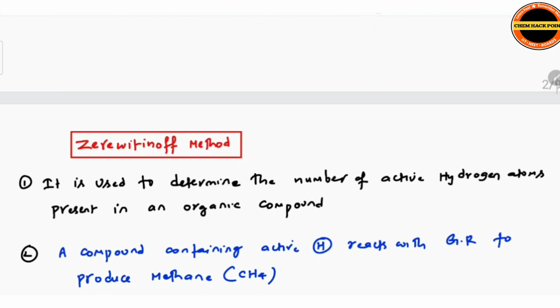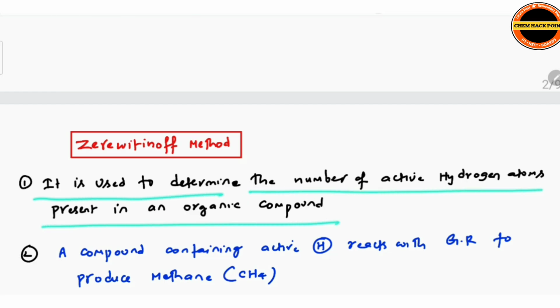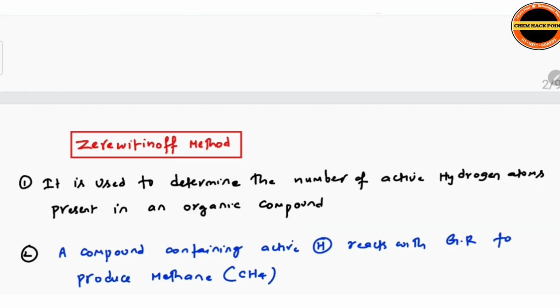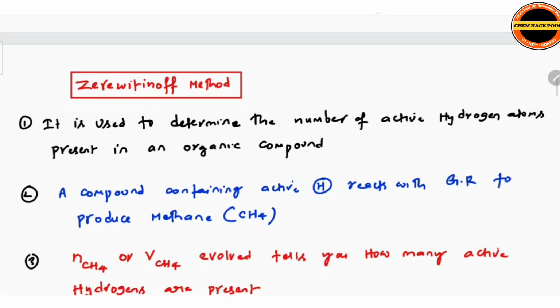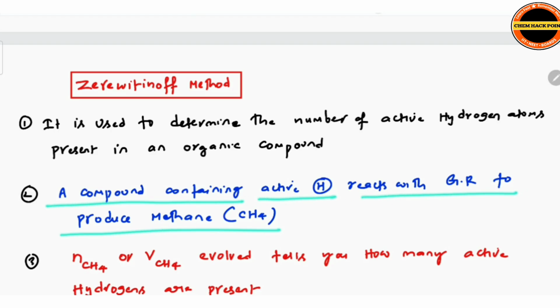Zerevitinov's method. Why do we use it? It is used to determine the number of active hydrogen atoms present in an organic compound. A compound containing active hydrogen reacts with Grignard reagent to produce methane.